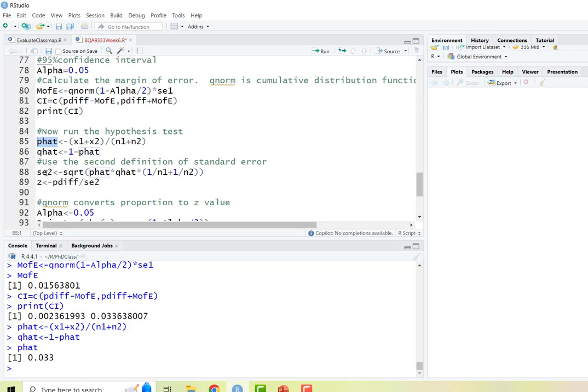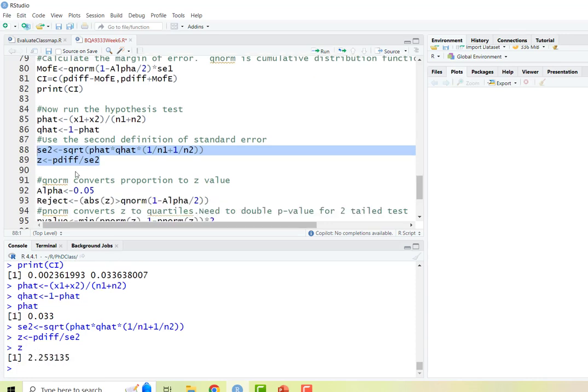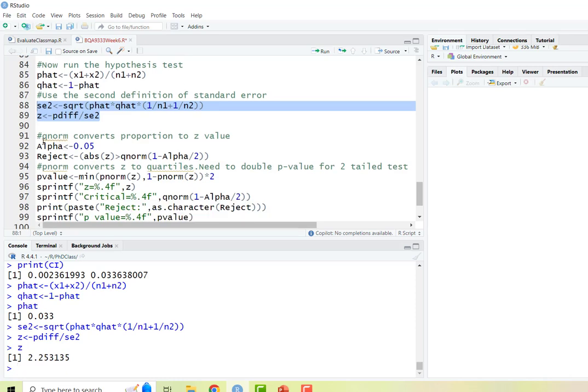Then we calculate the standard error I just showed you, p hat times q hat times 1 over n1 plus 1 over n2. From that, we take the difference divided by the standard error. We get the z, and we get 2.25, which again is mildly significant.